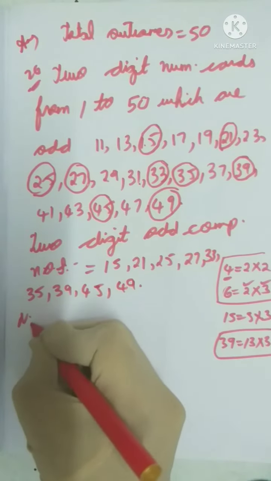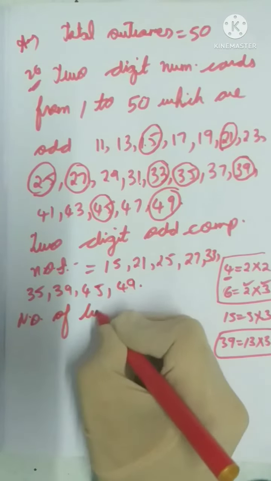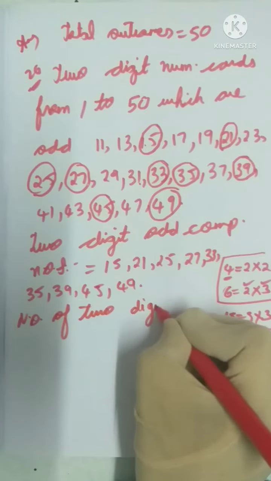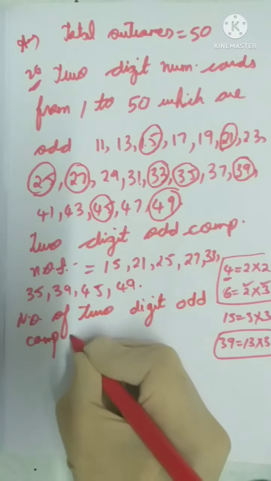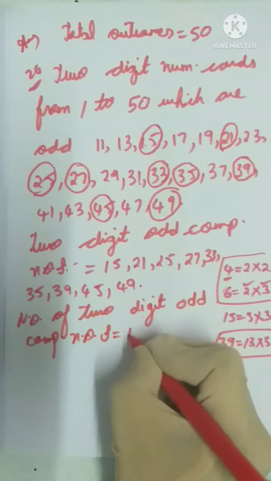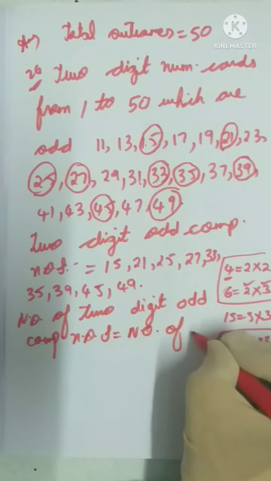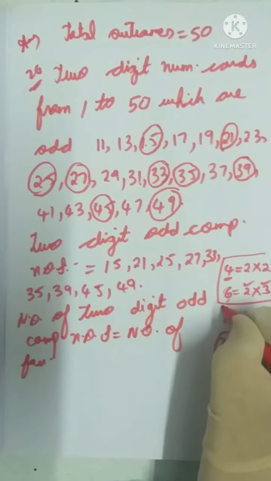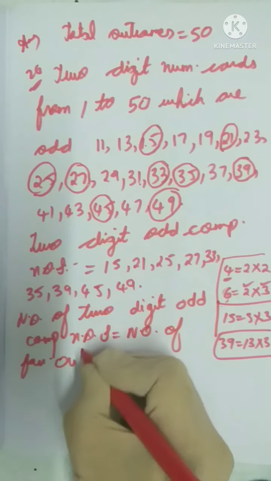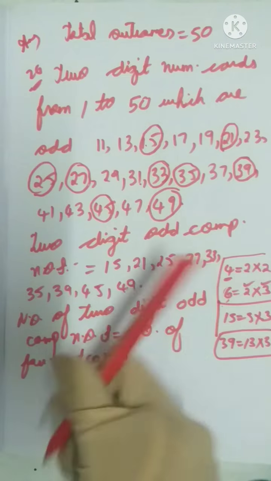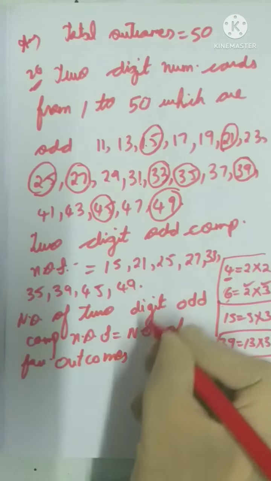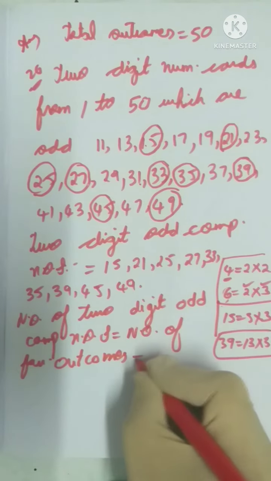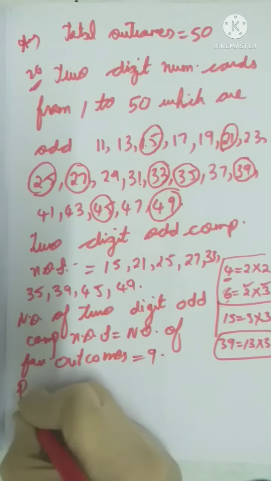Now we will count the number of 2-digit odd composite numbers, which are also called the number of favorable outcomes, because that was asked in the question, right? Count them: 1, 2, 3, 4, 5, 6, 7, 8, 9. 9 are there. Now what is the formula of probability?